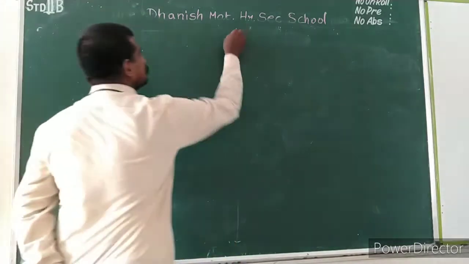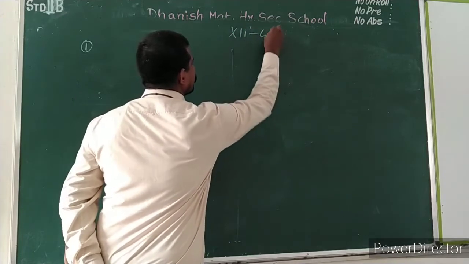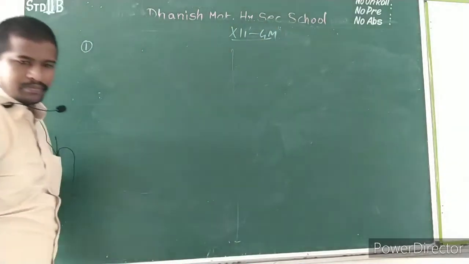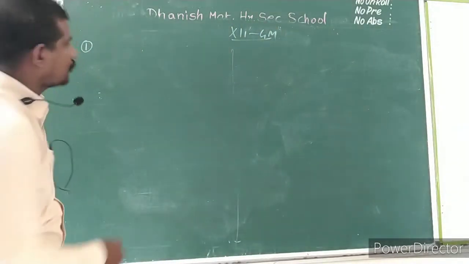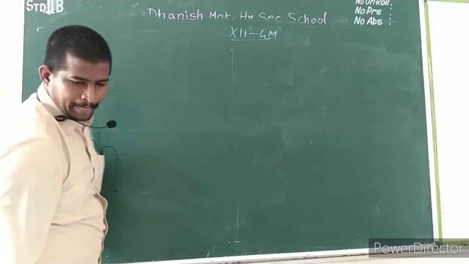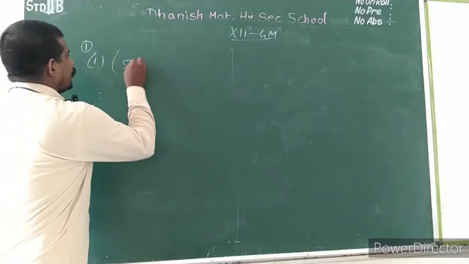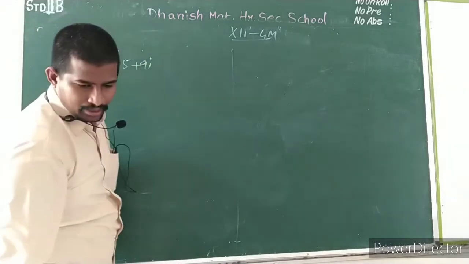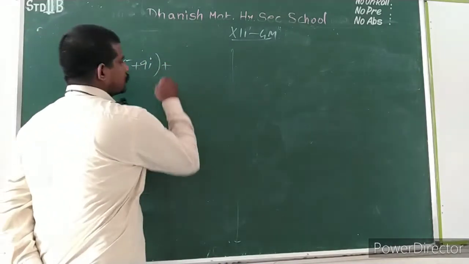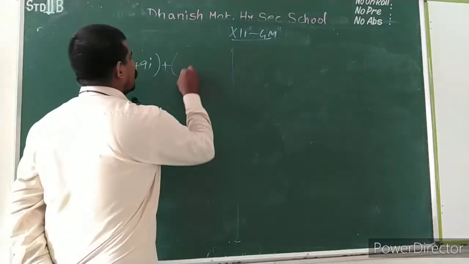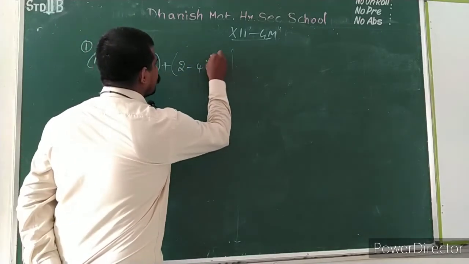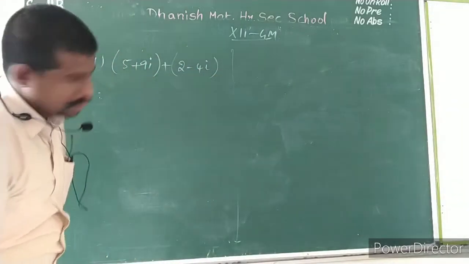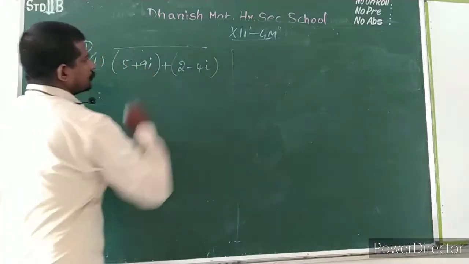Problem. First one, (5 plus 9i) plus (2 minus 4i) whole bar.